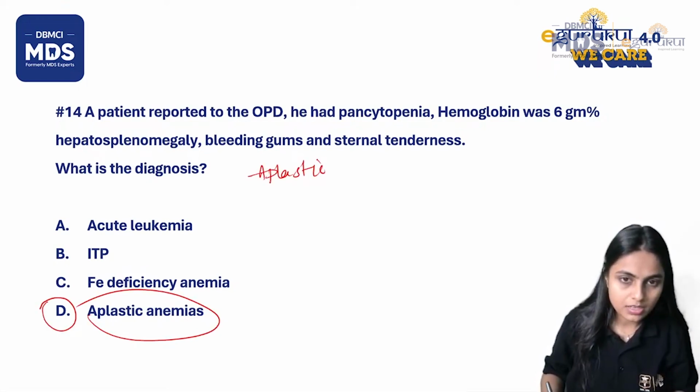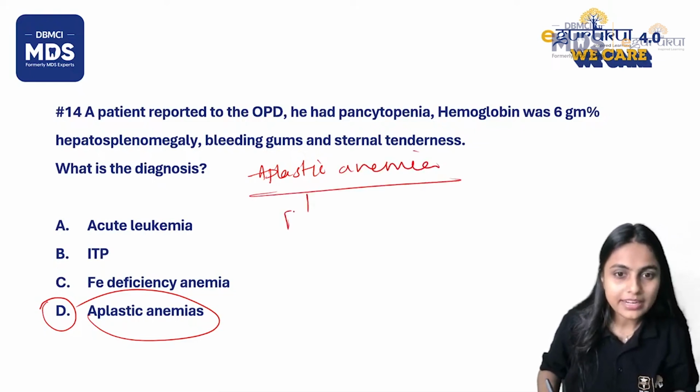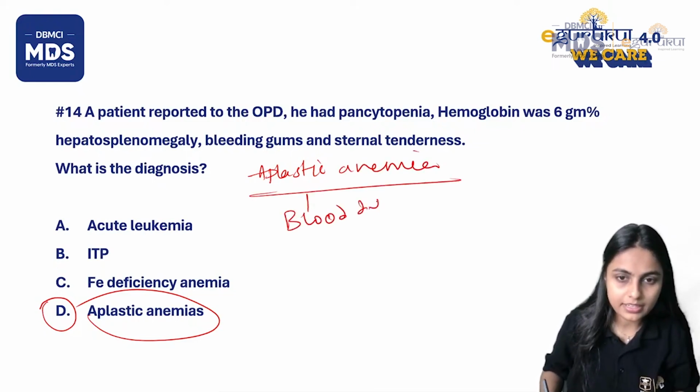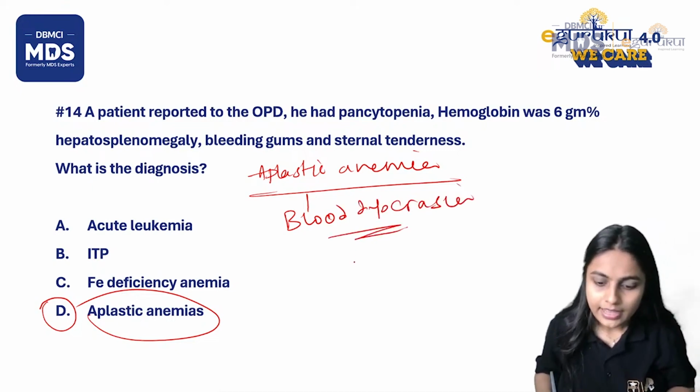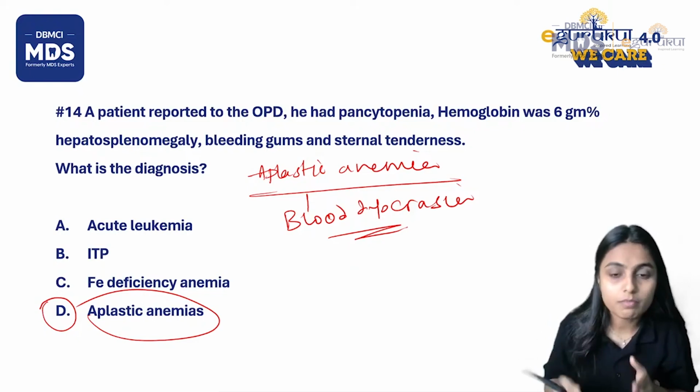So aplastic anemia is a blood dyscrasia. What happens here is complete absence of cellular elements of blood.